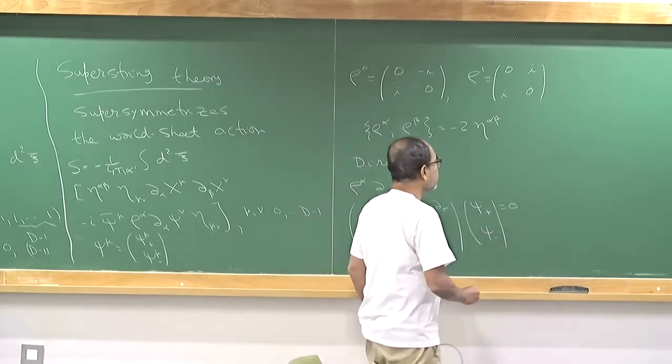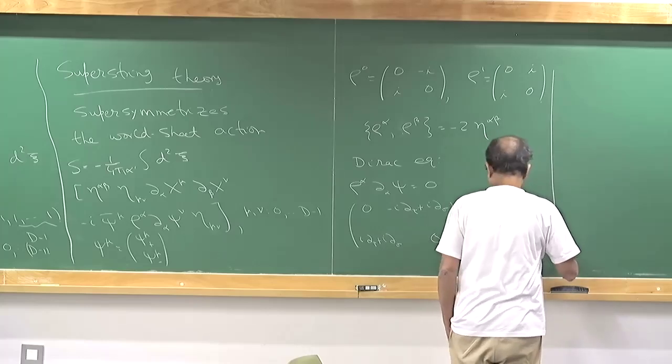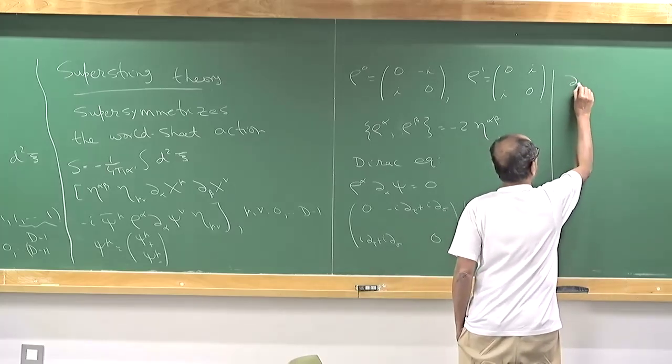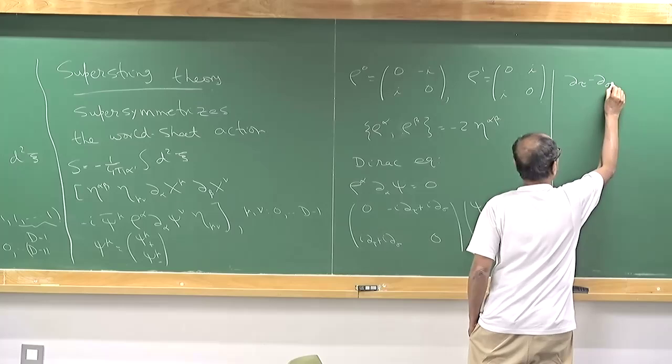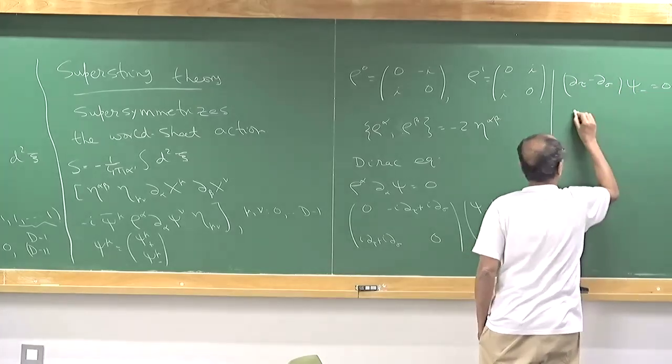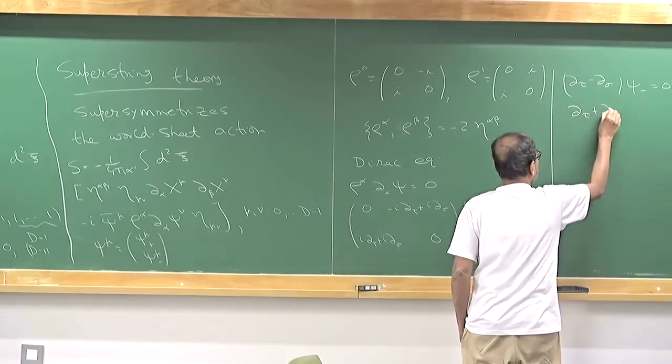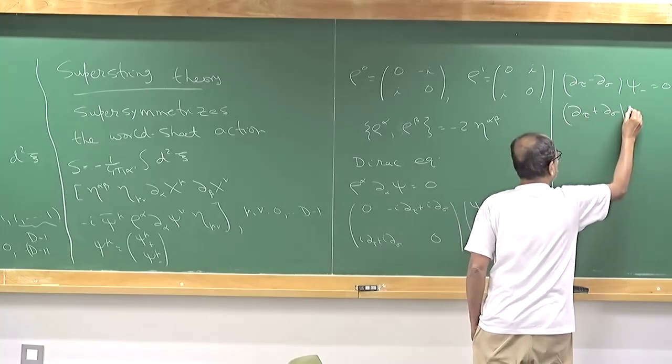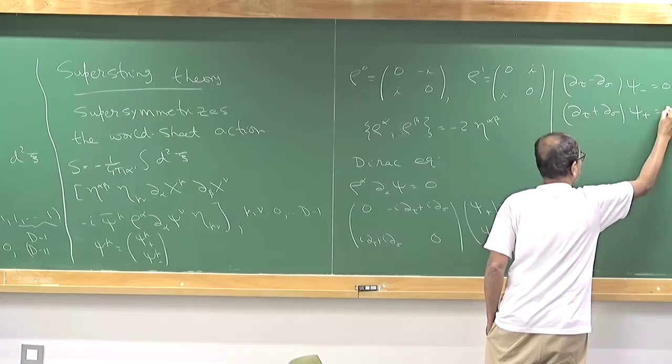So this tells us that del tau minus del sigma of psi minus equal to 0 and del tau plus del sigma of psi plus equal to 0.